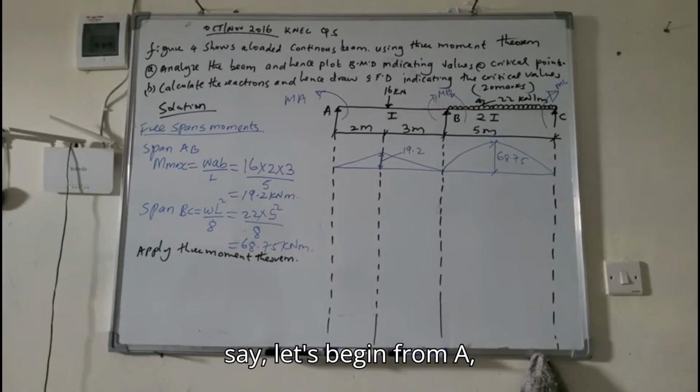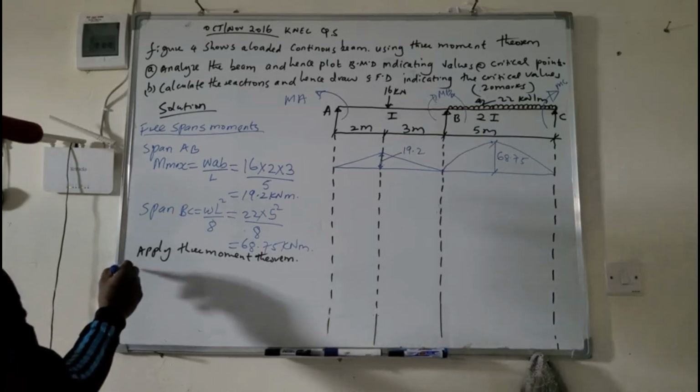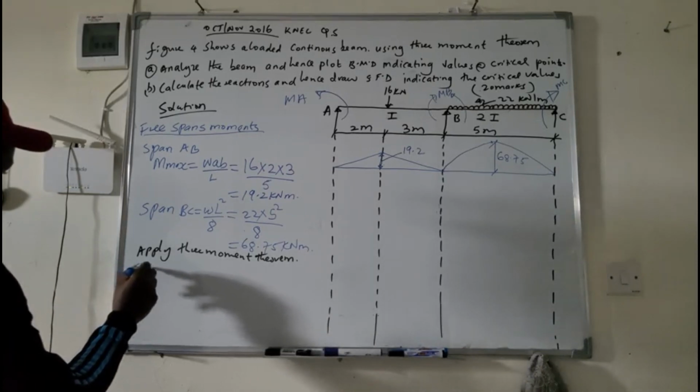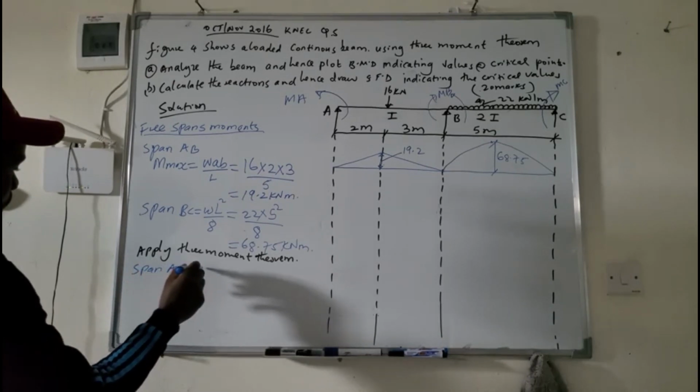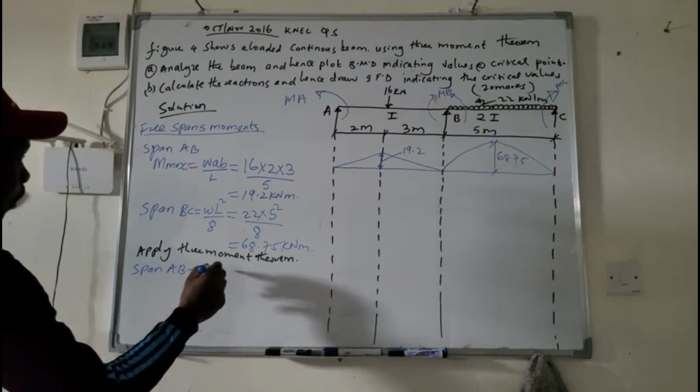Let's begin from A going forward. That is span AB, span BC.